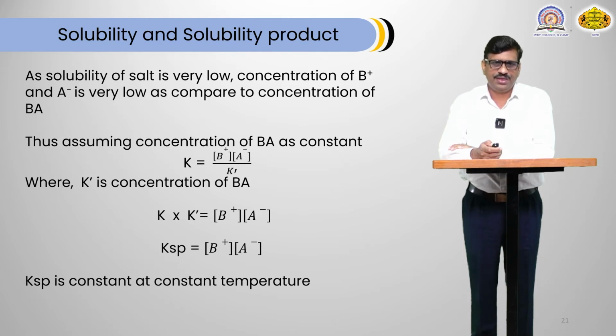By rearranging this equation, we can write K into K dash is equal to concentration of B plus into concentration of A minus. Now K into K dash is designated by another constant that is called Ksp. In other words, it is called the solubility product. Ksp is equal to concentration of B plus into concentration of A minus.